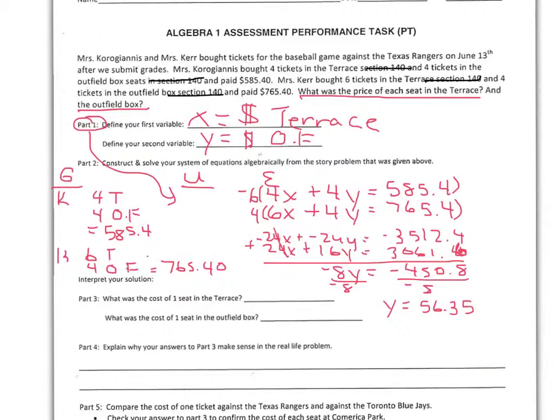Now what I recommend you doing, go straight to part 3 and fill in that box. Your y stood for your outfield. So your outfield will be 56.35. Now to find the x, you want to substitute it into one of the equations, either the first one or the second one. I like to choose the first.